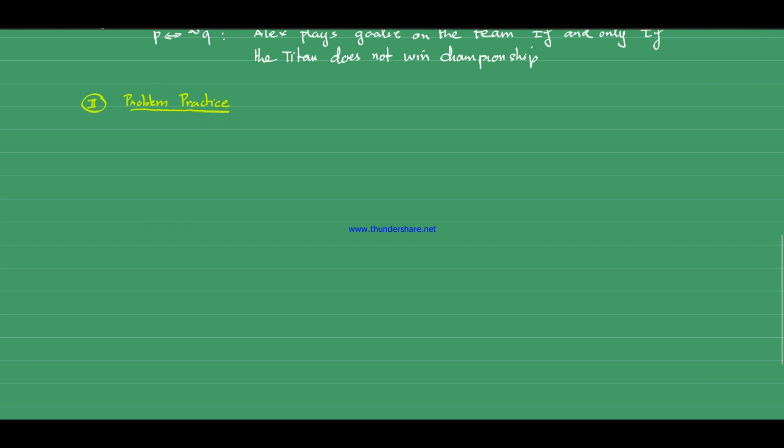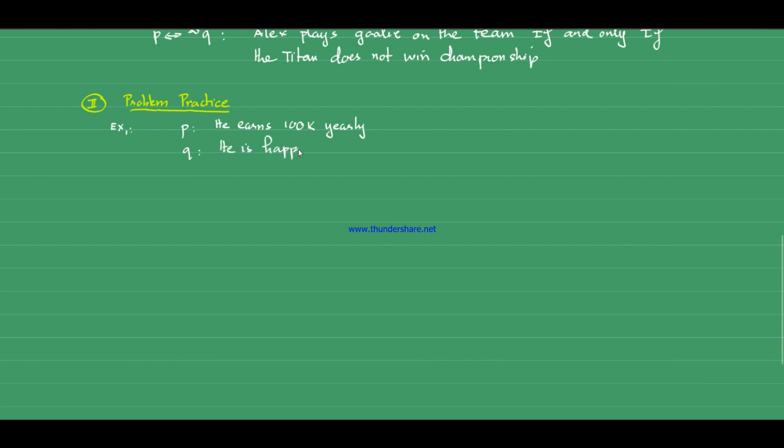Okay, so let's see example number 1 right here. Again, I give you two statements. Statement P: he earned $100,000 yearly. And statement Q: he is happy.